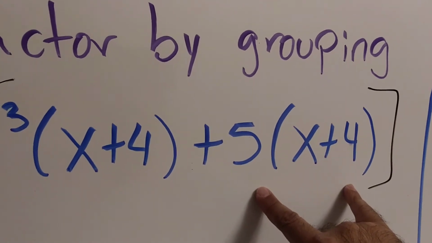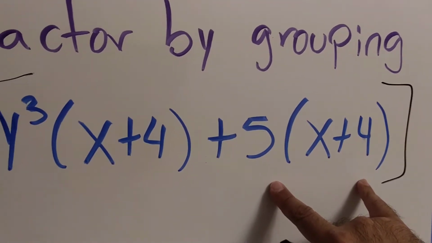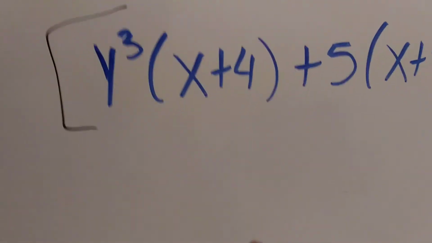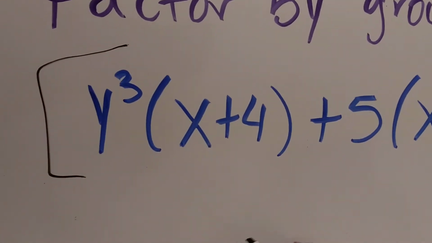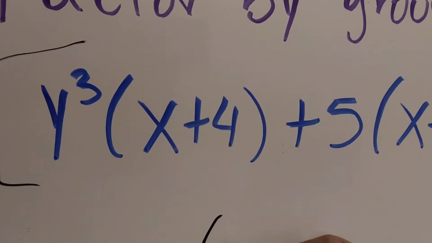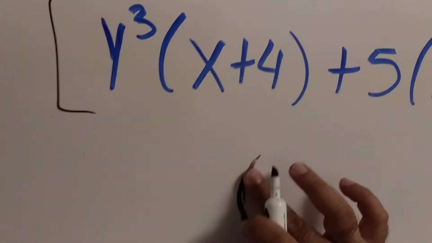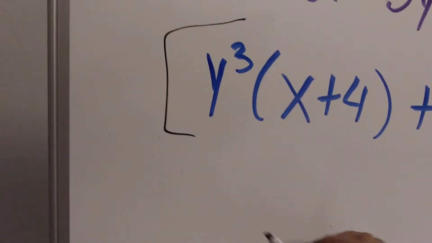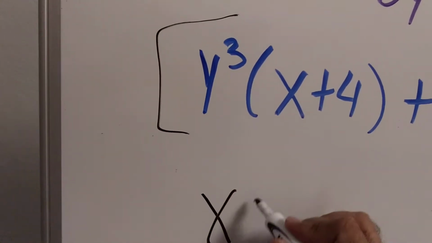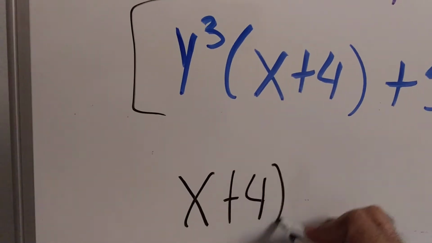So what both of them have in common is the x plus 4. So what we can do is we'll factor out an x plus 4, because that is what's in common, correct?